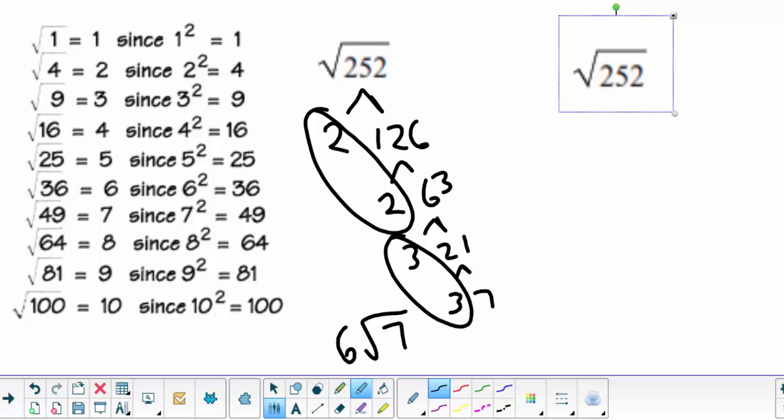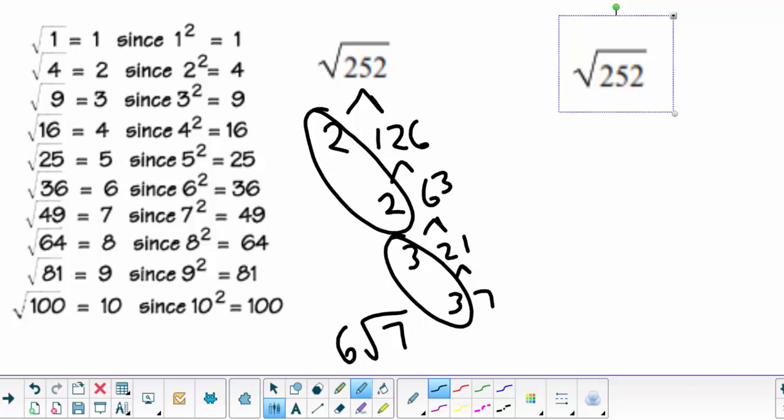Now if I want to take the perfect square method, I would check to see if 252 is a perfect square in my calculator, which it's not. Then I would take 252 and divide it by 2, and that would give me 126. That tells me the perfect square needs to be 126 or smaller.